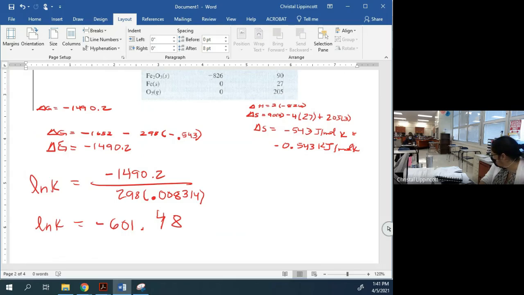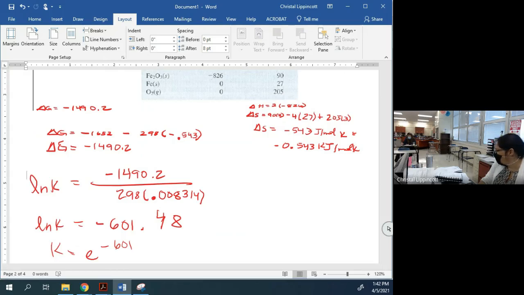K is going to equal e to the negative 601, which is a really huge number.